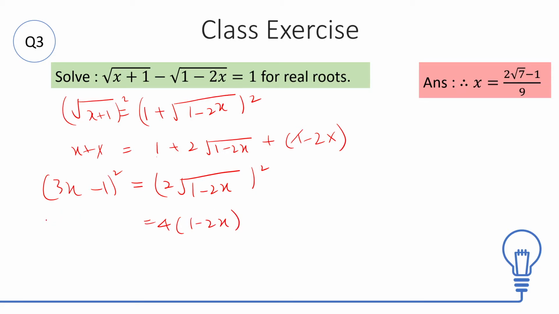My left hand side becomes 9x squared minus 6x plus 1, and this one actually is 4 minus 8x. Okay, so we simplify everything: 9x squared plus 2x, then minus 4, minus 1, so minus 3 equals 0.